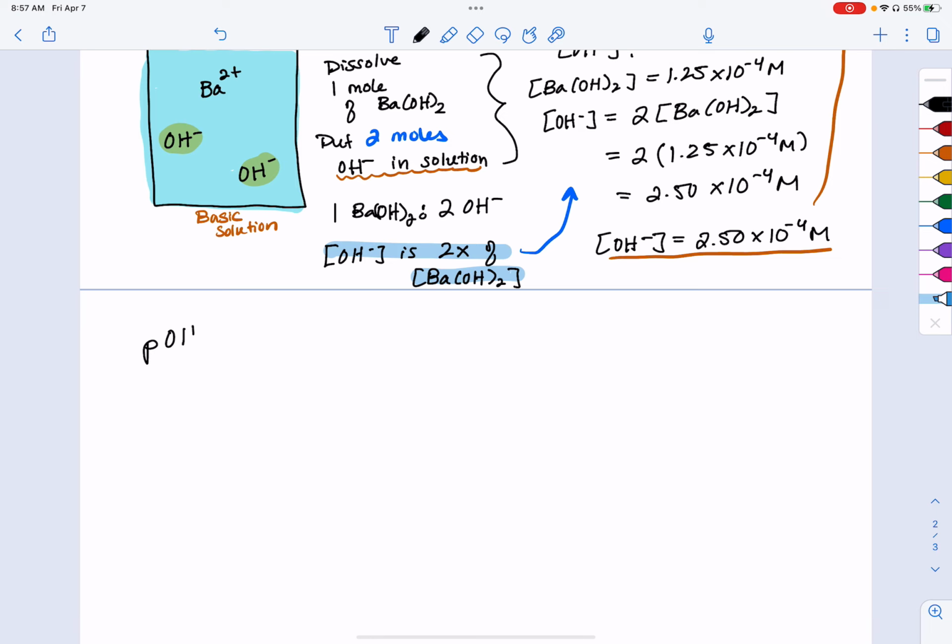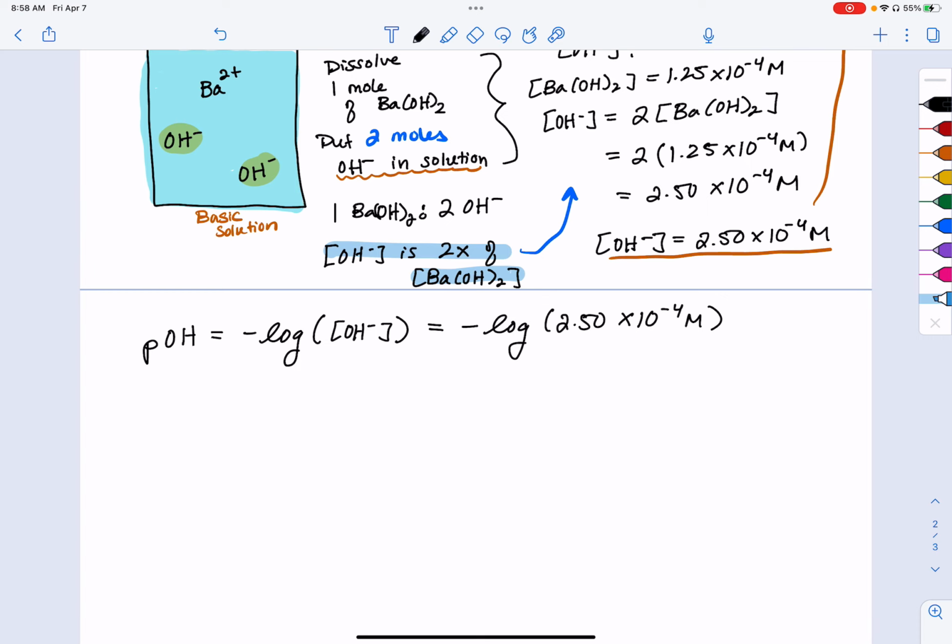So pOH is the negative log base 10 of concentration of hydroxide in molarity. And we have that concentration. That is what we just solved for here. This becomes the negative log base 10 of 2.50 times 10 to the negative 4 molar.